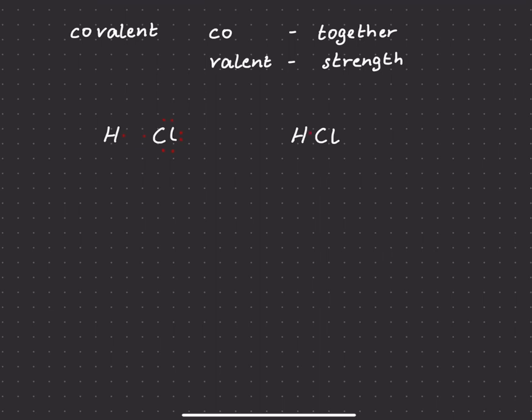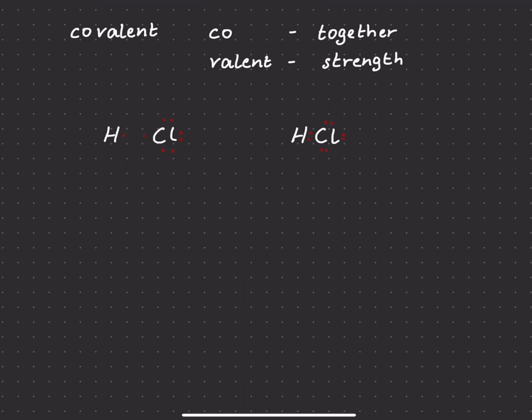We have 1, 2, 3, 4, 5, 6, and 7 valence electrons from our chlorine, which means that now hydrogen has 2 valence electrons and chlorine has 8 valence electrons.